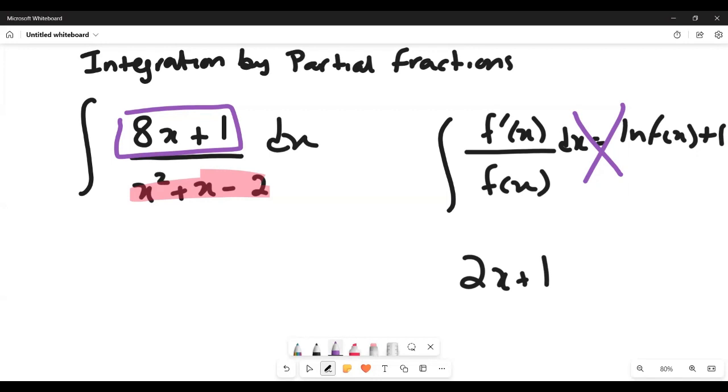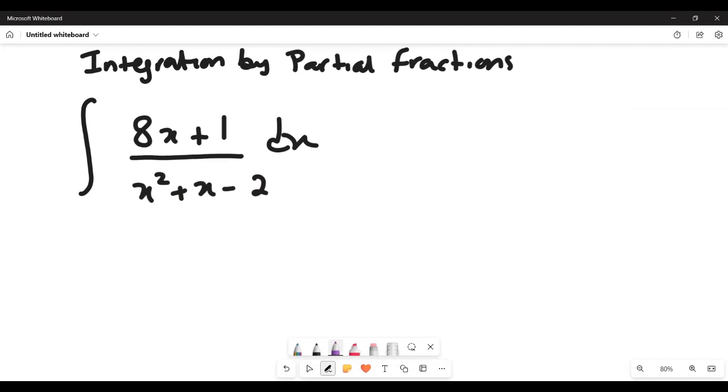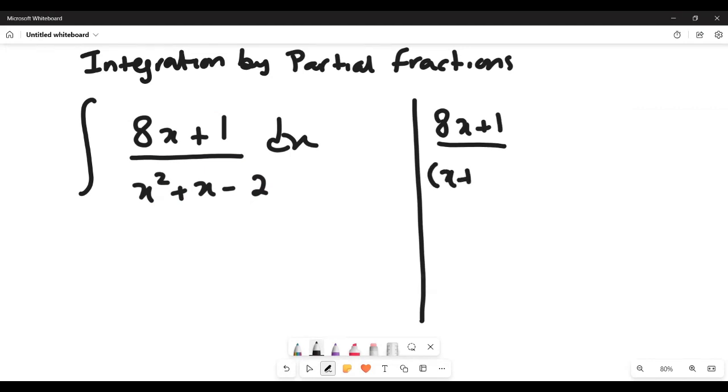Then you must check, okay, can we do partial fractions of the given expression? Which we can. Yesterday we practiced that. The denominator after middle term breaking becomes x plus 2, x minus 1.